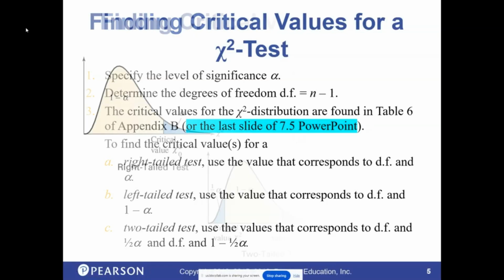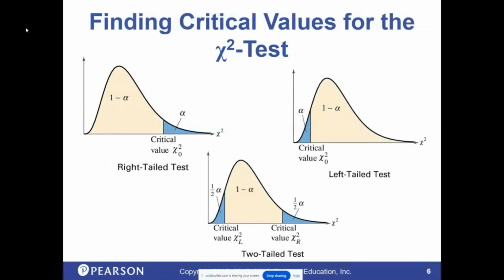Okay. So here's what that looks like when you have a right-tailed test. Then here's your critical value, and when you have a left-tailed test, here's what we've got, and the two-tailed test, here's what it looks like.